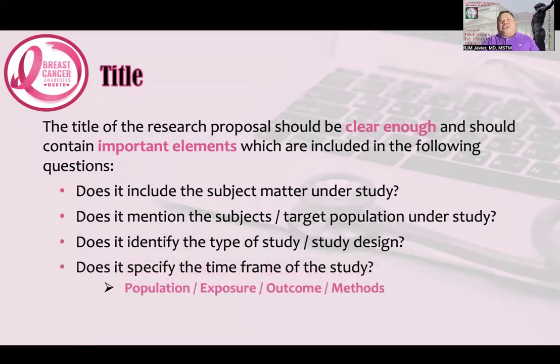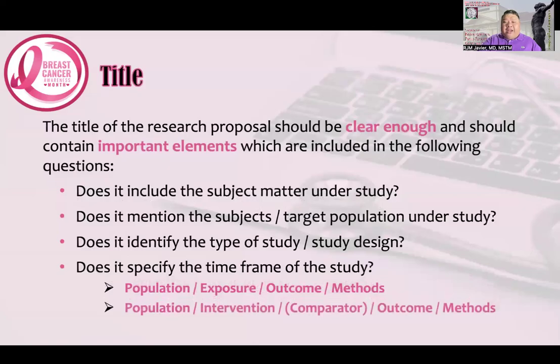In previous lectures, we have already instructed you to formulate your research questions following the PEOM format, that is your population, exposure, outcome, methods. If you're doing a clinical trial and or an experimental study, then it could be your population, intervention with or without the comparator, the outcomes and the methods.